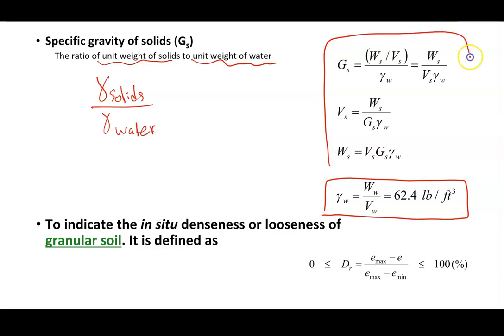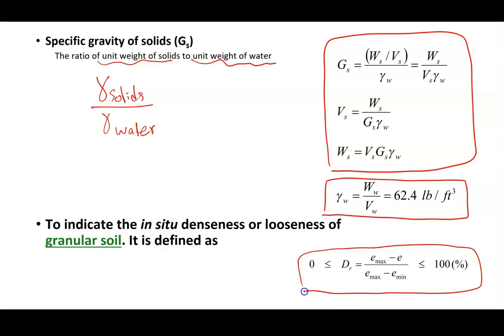These three are specific gravity formulas. They're the same formula. Based on what parameter you need to use, you can select one of these formulas. And the next one was the relative density, which provides a description of soil denseness or looseness using Dr, and this is just for granular soil.